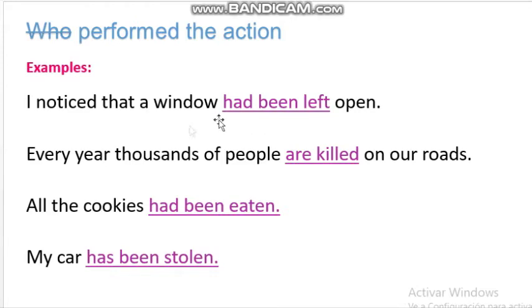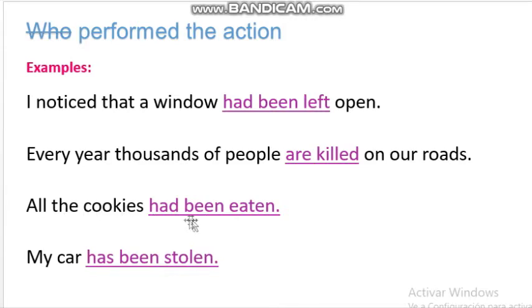It doesn't say who left the window open. Every year, thousands of people are killed on our roads. The same. It doesn't say who killed thousands of people every year on the roads.